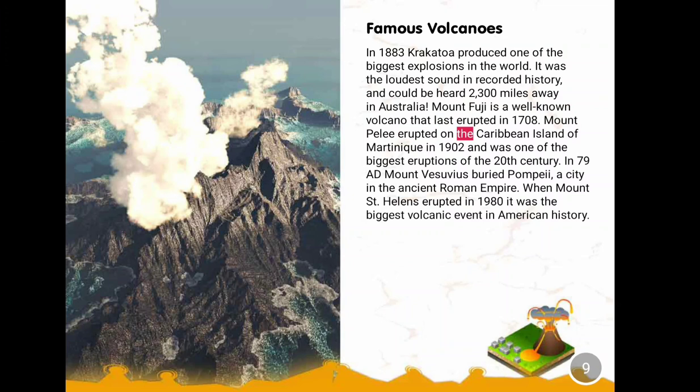Mount Pelée erupted on the Caribbean island of Martinique in 1902 and was one of the biggest eruptions of the 20th century. In 79 A.D., Mount Vesuvius buried Pompeii, a city in the ancient Roman Empire. When Mount St. Helens erupted in 1980, it was the biggest volcanic event in American history.